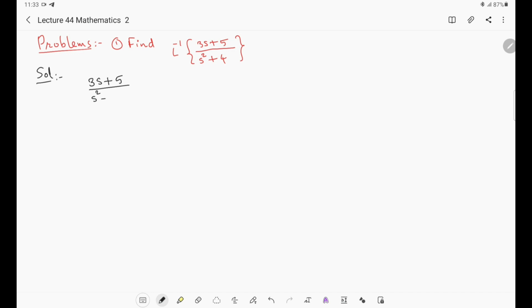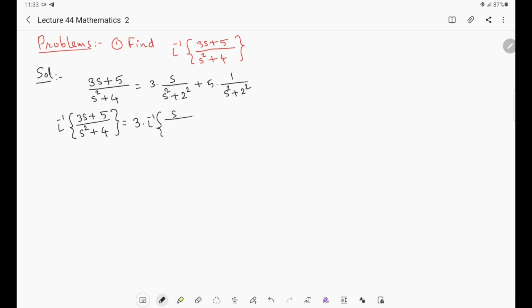This can be written as 3 into s by s square plus 2 square plus 5 into 1 by s square plus 2 square. Now apply the inverse Laplace transform. So inverse Laplace transform of 3s plus 5 by s square plus 4 is nothing but 3 into inverse Laplace transform of s by s square plus 2 square plus 5 into inverse Laplace transform of 1 by s square plus 2 square.